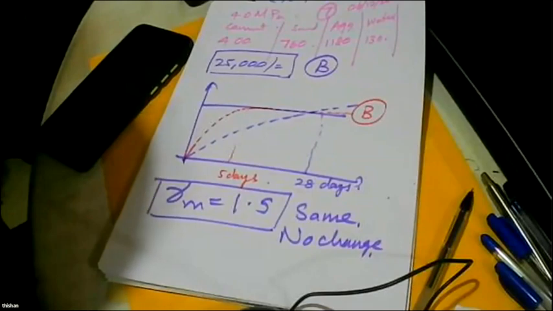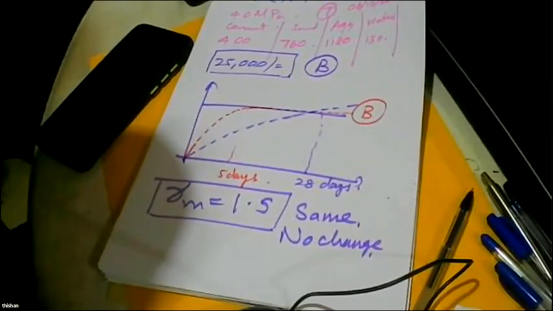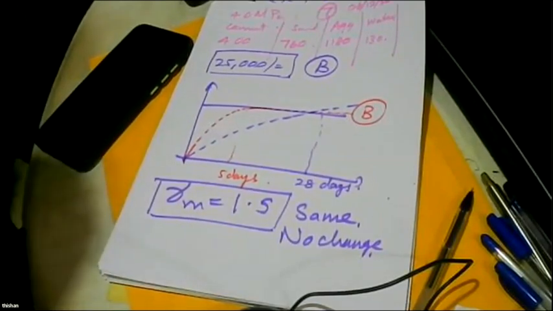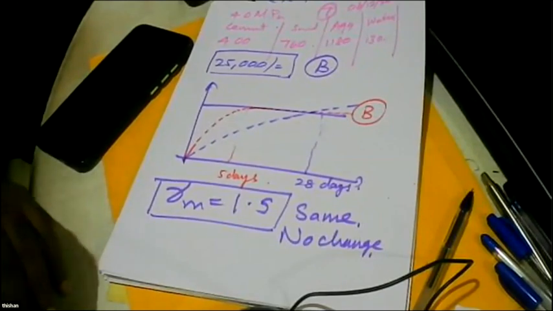And the other important point is, we have to be concerned about the target. So we set a target, 28 days, I like 40. So whether you achieve it in 6 days or 8 days or 10 days or 15 days, it doesn't matter. Then what matters? What matters is, have you cured it?